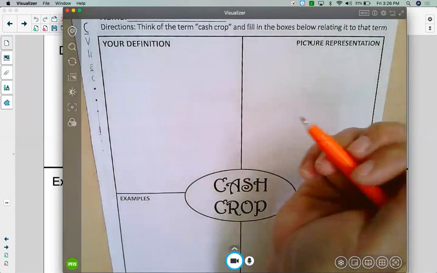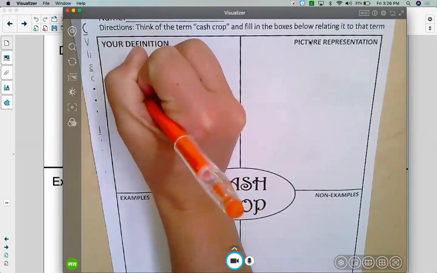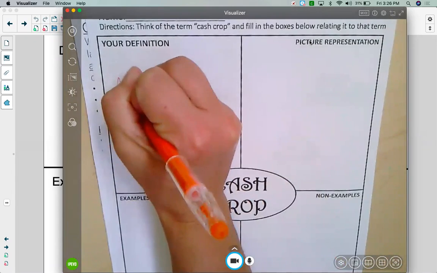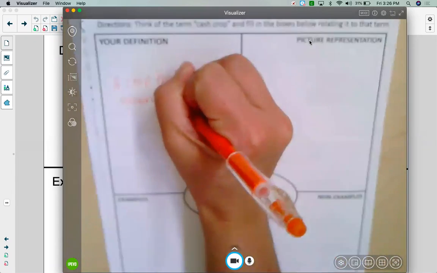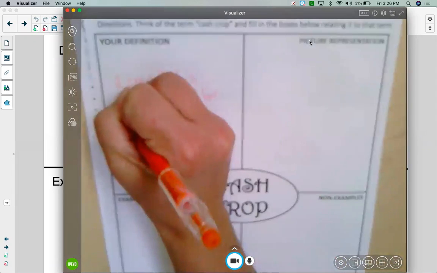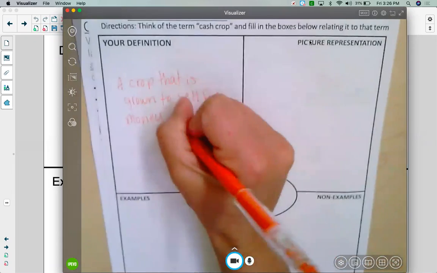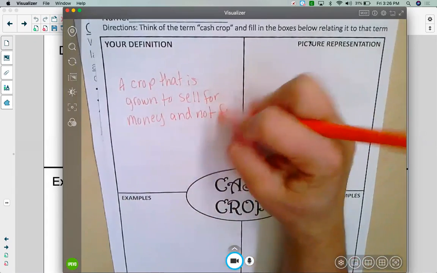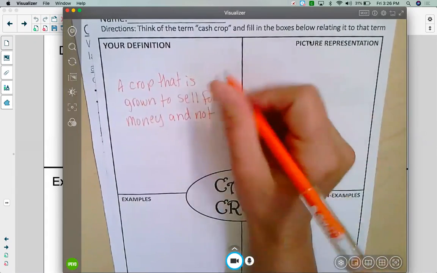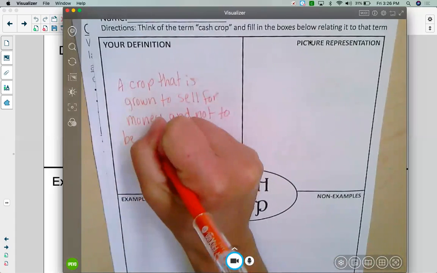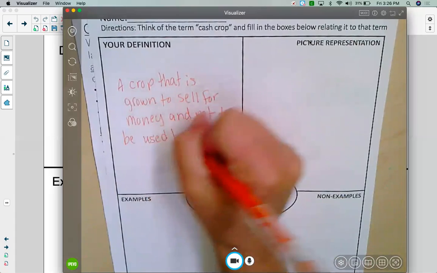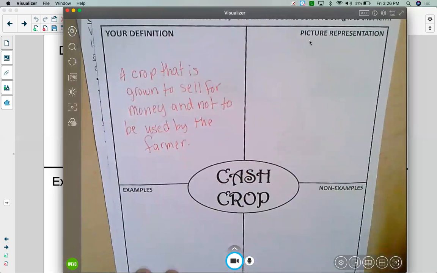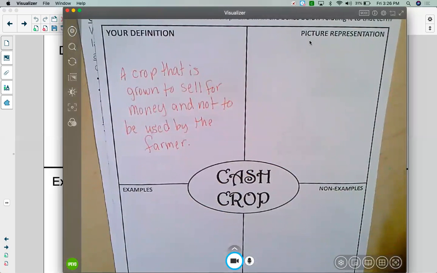Okay, so we know that a cash crop is a crop that is grown to sell for money and not to be used by the farmer.